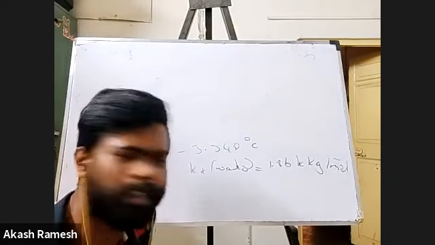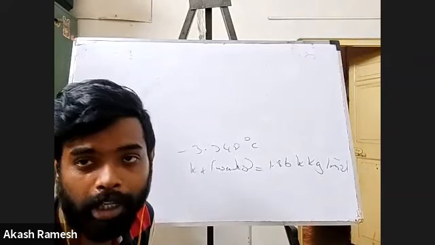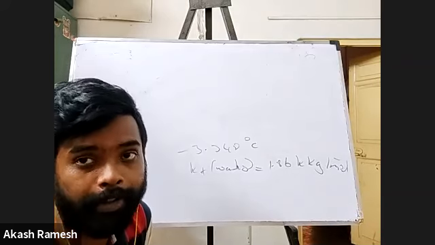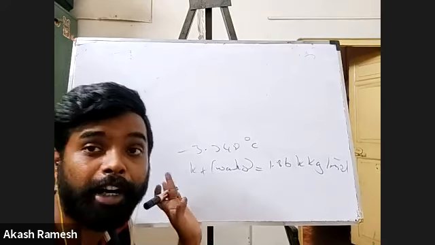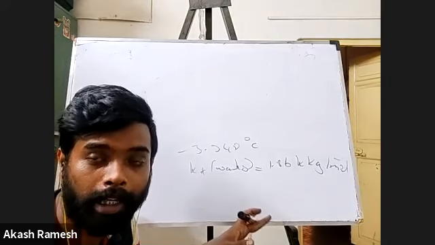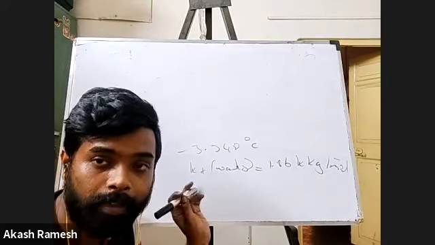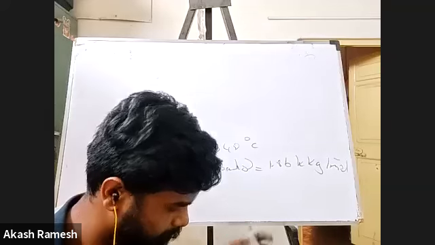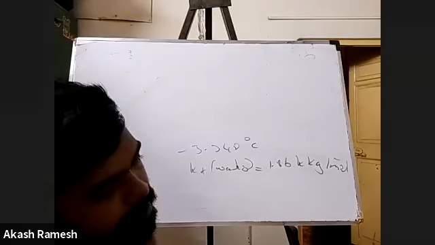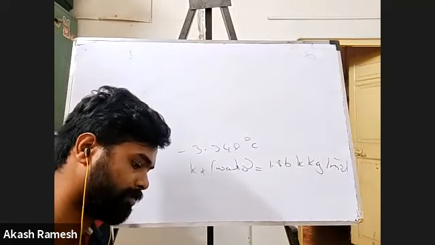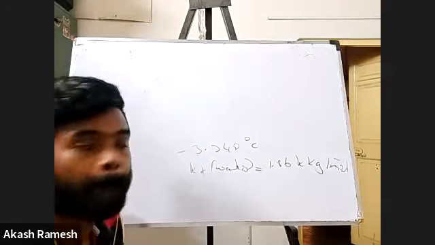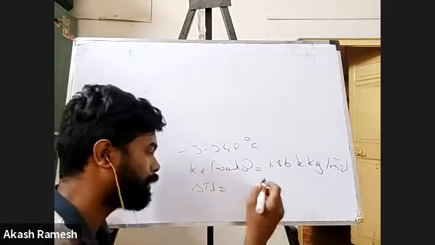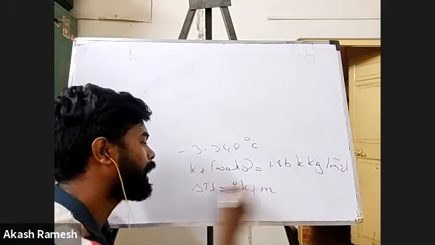It's very simple, people. It has nothing to do with degree of dissociation. They're directly asking you what the Van 't Hoff factor is. You know how to calculate it. I gave you the modified equations of the colligative properties, so you know there is an i somewhere there. For depression in freezing point, delta Tf will be equal to i into Kf into m.